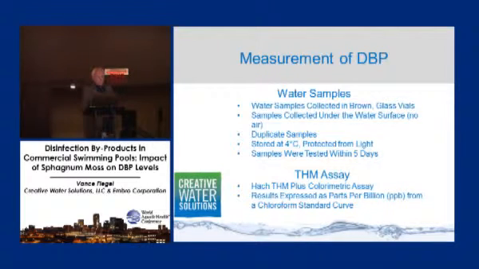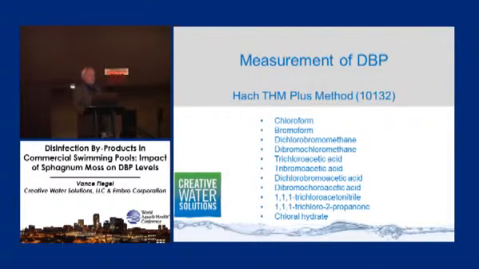Here's what the method actually measures. It measures more than just the trihalomethanes. It measures chloroform and bromoform, and then the other compounds formed from that, the dichlorobromomethane and the dibromochloromethane, which are your typical trihalomethanes.